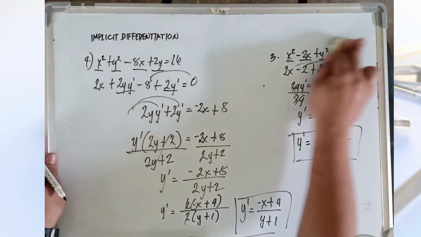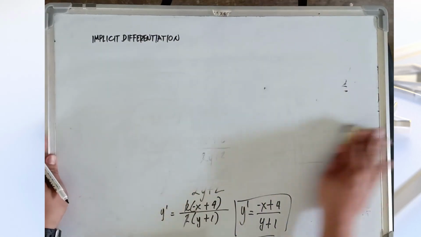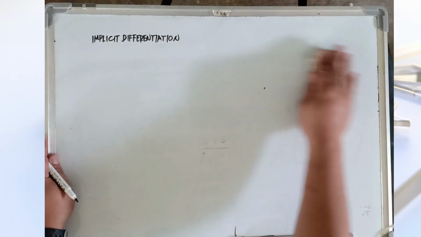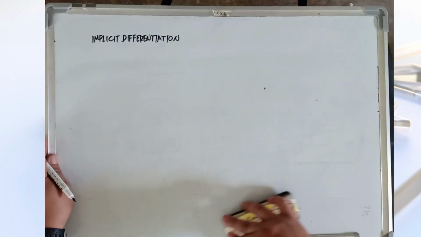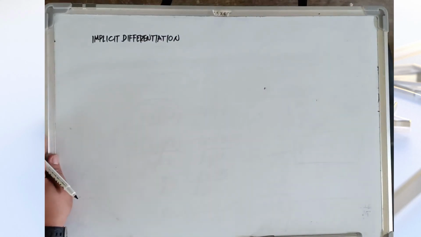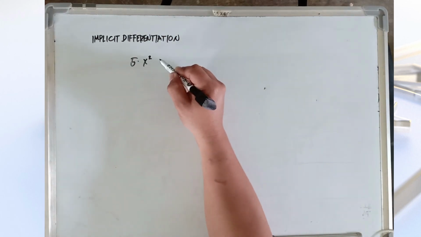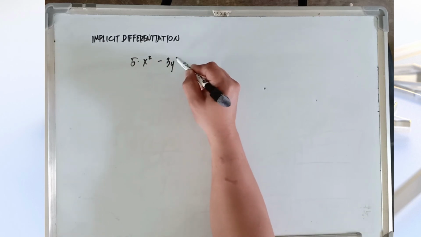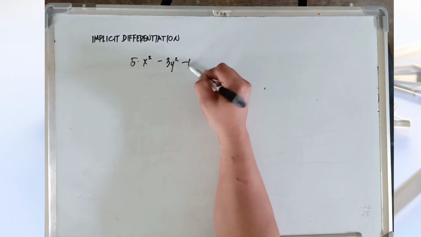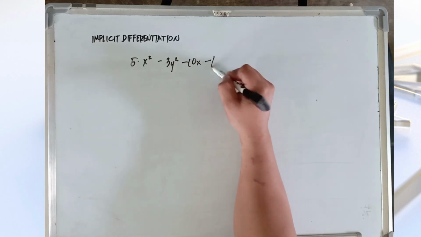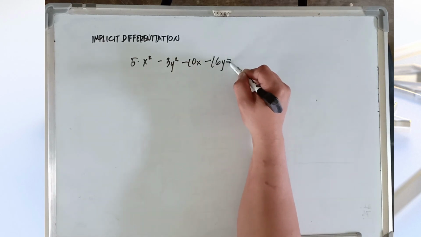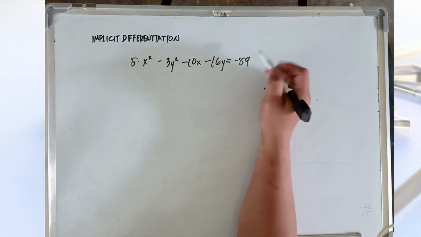Okay, last example for implicit differentiation. This is a very important topic because we will be using implicit differentiation in solving problems about the rate of change. Okay? So let's have the fifth example. x squared minus 3y squared minus 10x minus 16y is equal to negative 89.